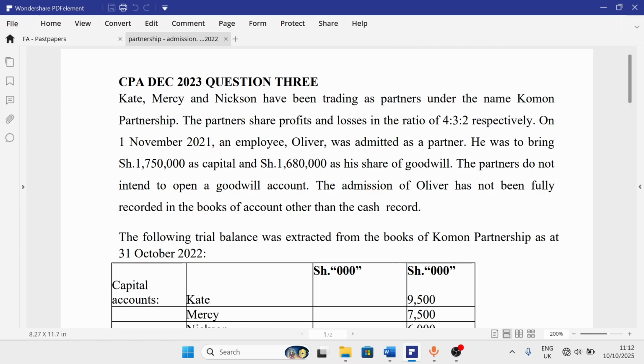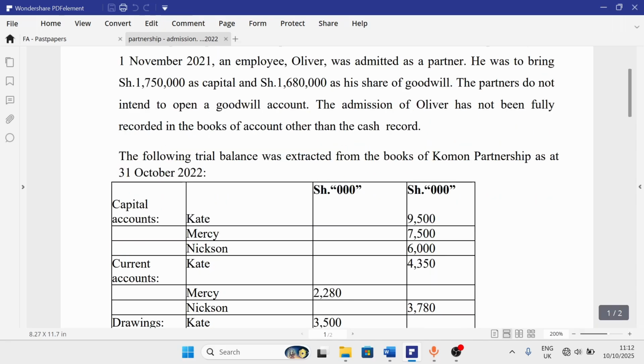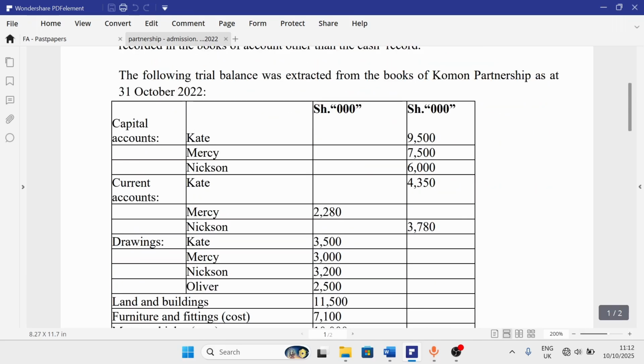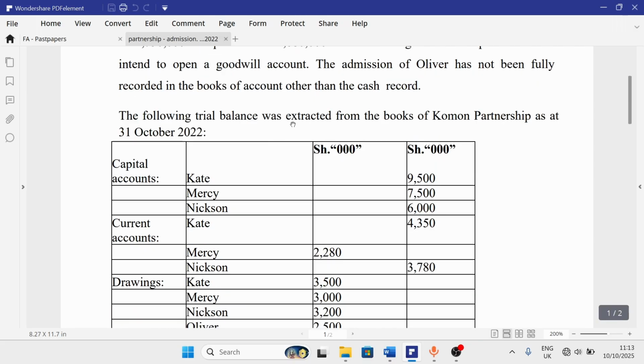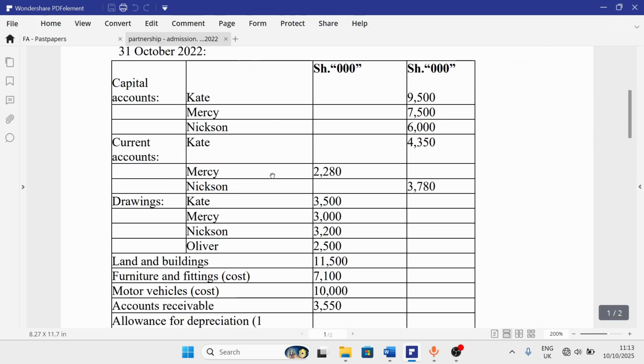You get 3430. Then when you go to the trial balance, look at the capital accounts. We only have Kate, Mercy, and Nixon. So those are the capital balances. We don't see anywhere Oliver, which is what they mean when they say that the admission of Oliver was not fully recorded in the books. So he is not yet recognized in the capital account.